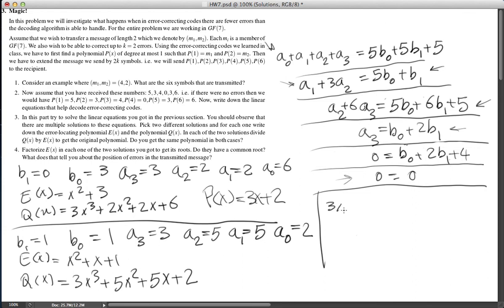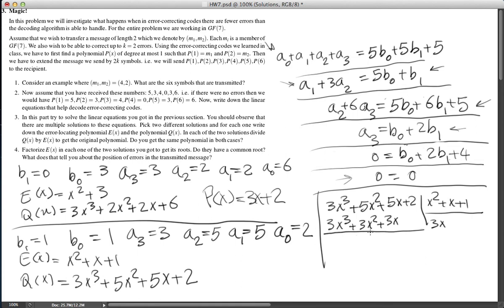So we have 3x cubed plus 5x squared plus 5x plus 2, and we are dividing this by x squared plus x plus 1. For the first term we are going to get 3x here, so this becomes 3x cubed plus 3x squared plus 3x, and now if you subtract things out, you get 2x squared plus 2x plus 2.